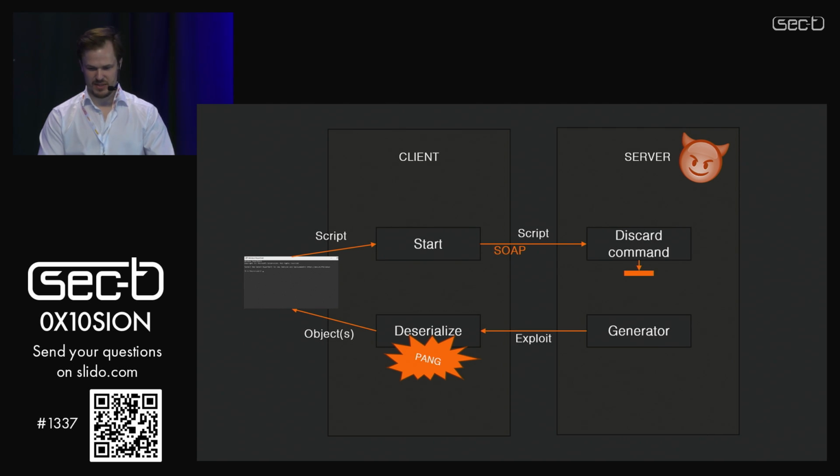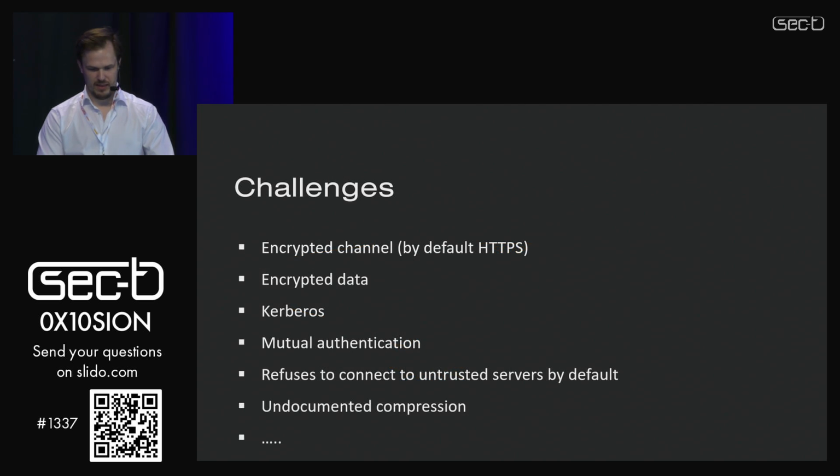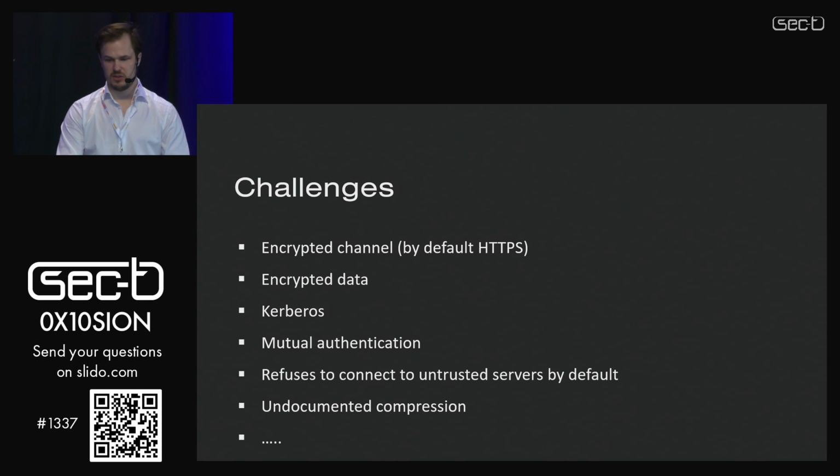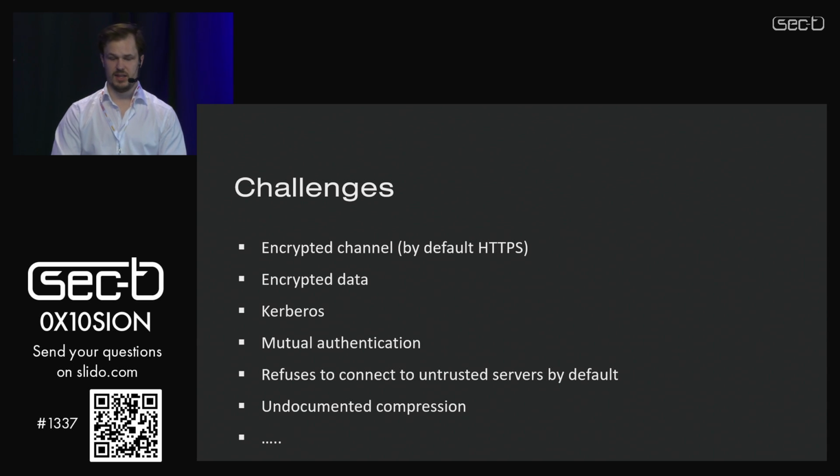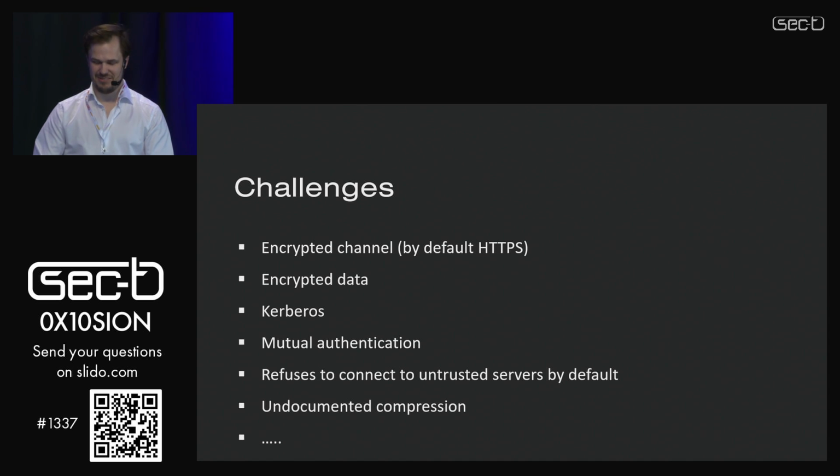So I wanted to implement this POC, and there are quite a few challenges because PowerShell remoting is a pretty good solution. It has quite a lot of security features. It has an encrypted channel using HTTPS, so we can't man in the middle it. Even if we manage to do that with certificates, the actual data is also encrypted within the SSL channel.